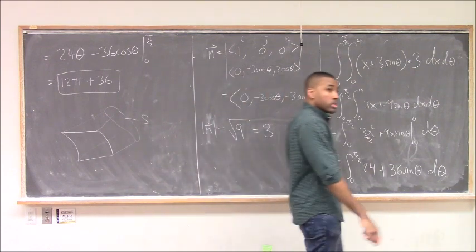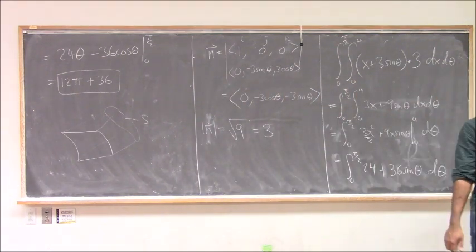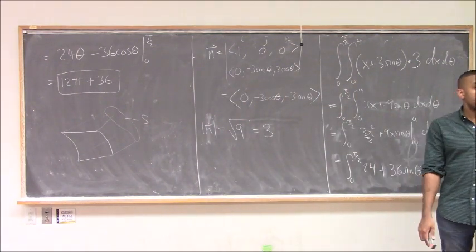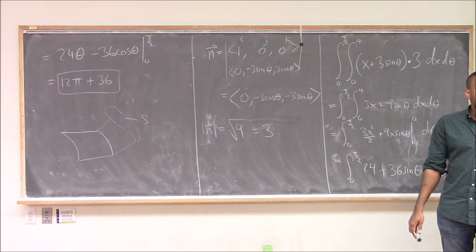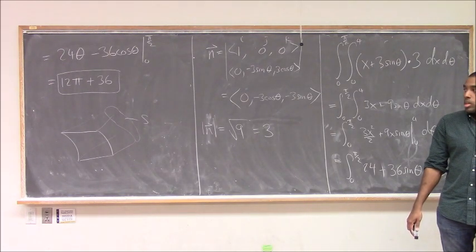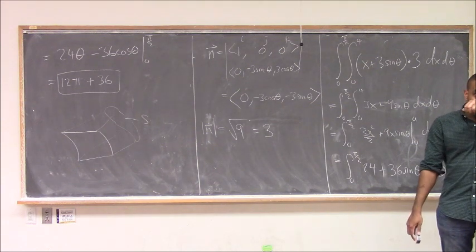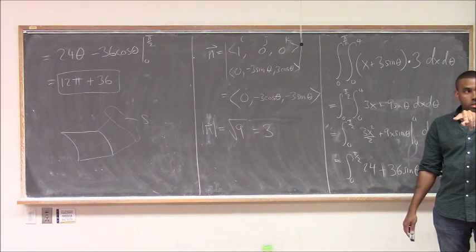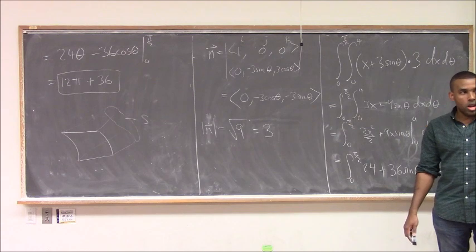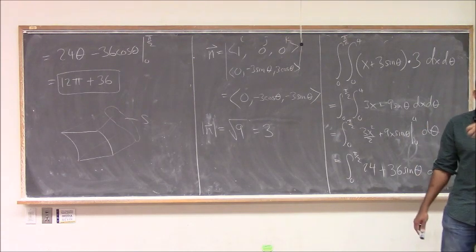A question: since you are calculating the volume, which is 3-dimensional, why use dA? Yeah, but that does give you volume. If you take the double integral of a function, dA, it gives you the volume under the function, the net volume.